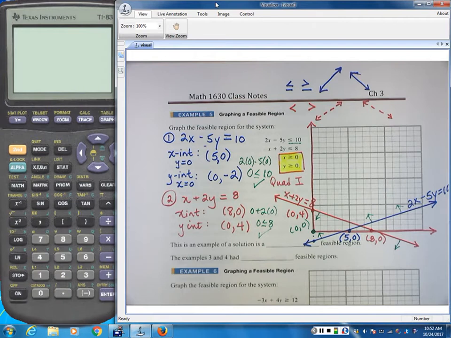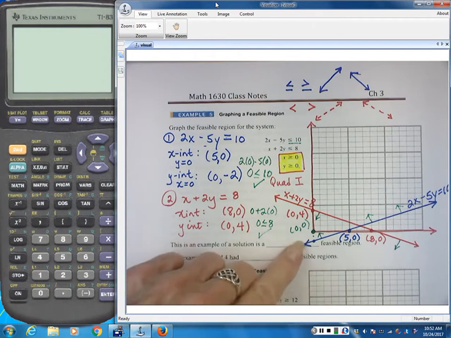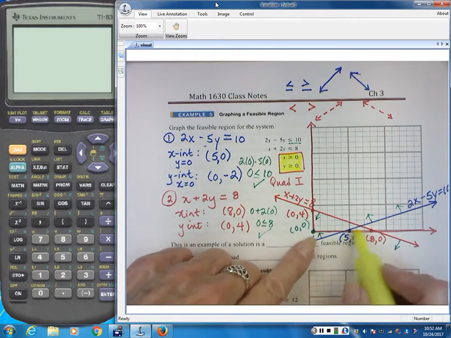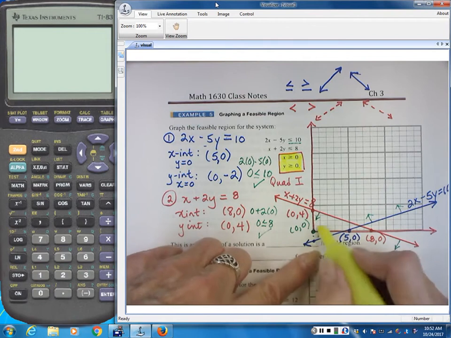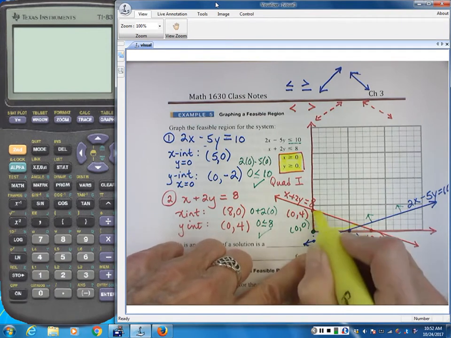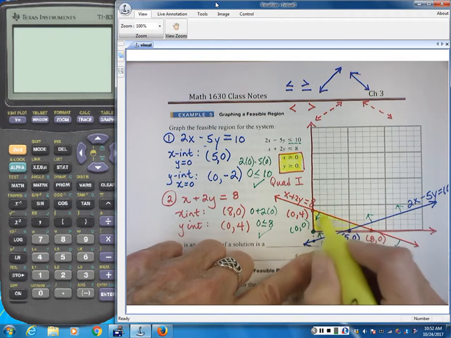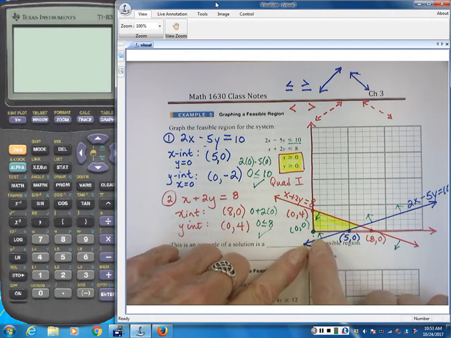So what I can tell at this point is that if I'm shading above the blue line and below the red line, this is what's called my feasible region. This is where the solutions to my system of inequalities are, because I'm shading that way and that way.